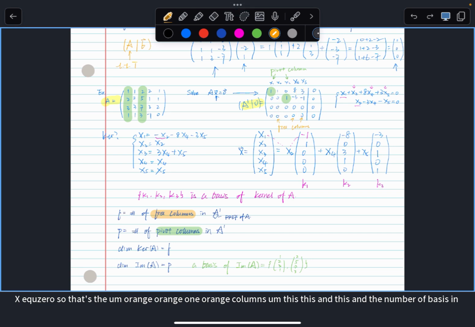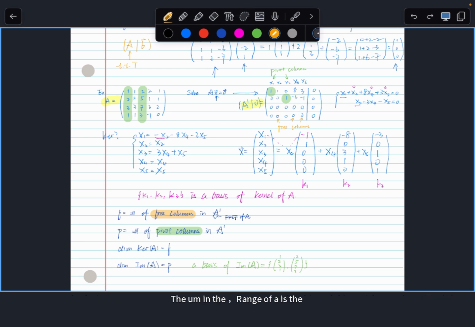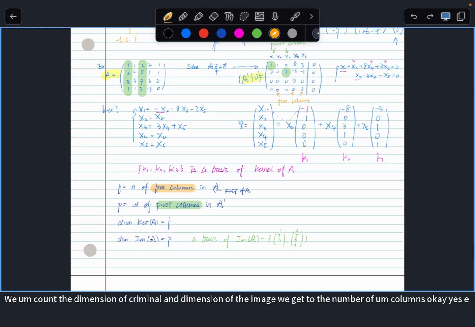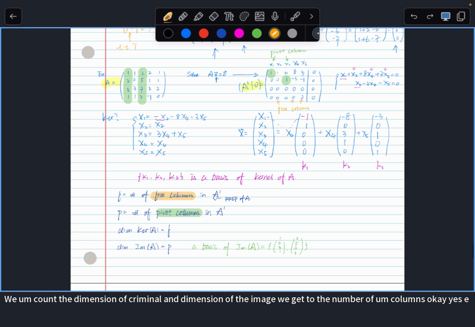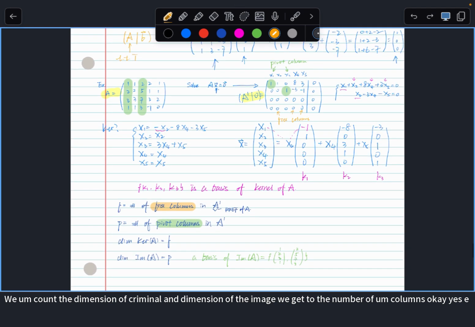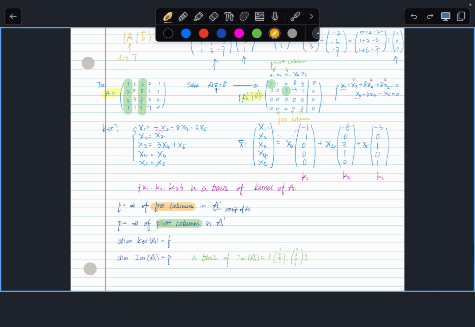And the number of bases in the range of A is the pivot columns. So these two types of columns make up all the columns, and that's why if we count the dimension of the kernel and the dimension of the image, we get the number of columns.